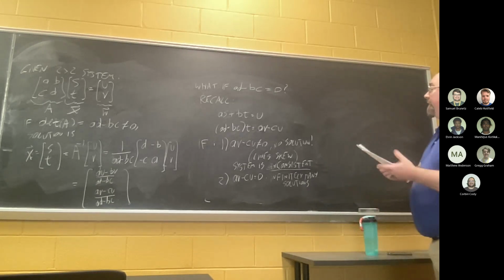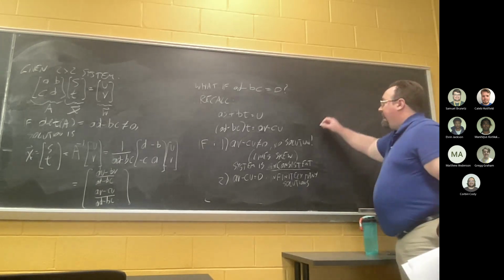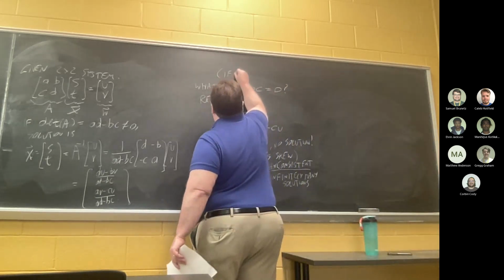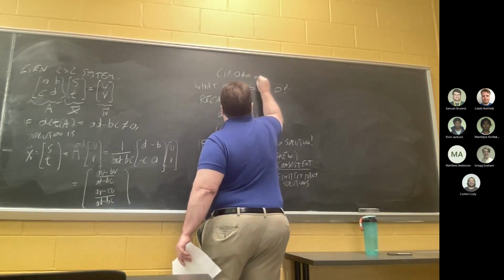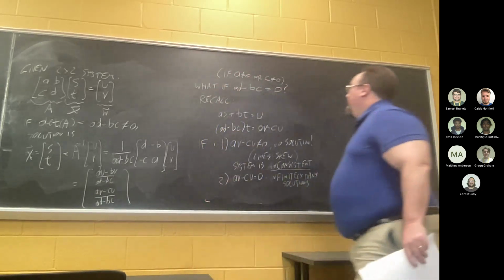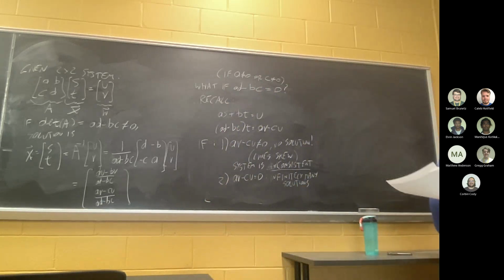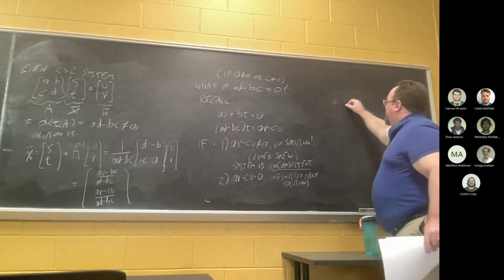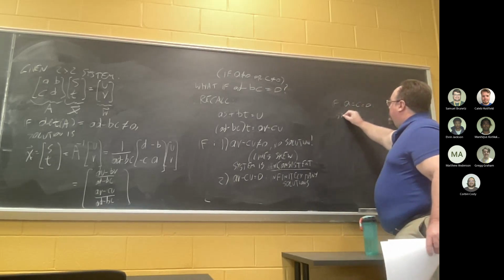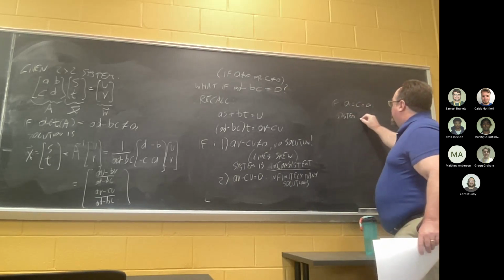Now, all of this was assuming that either one of those numbers, A or C, was not zero. The other possibility is if both are zero, then the system has no S in it at all.